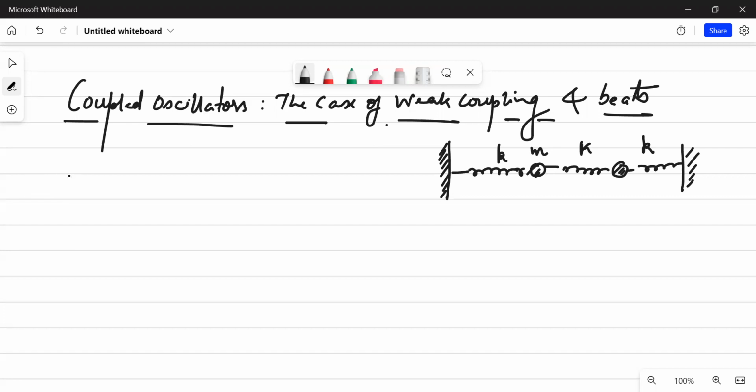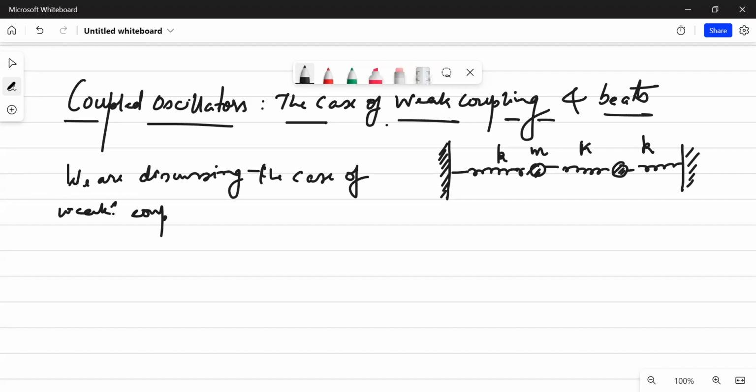We are discussing the case of weak coupling, weakly coupled oscillators today.